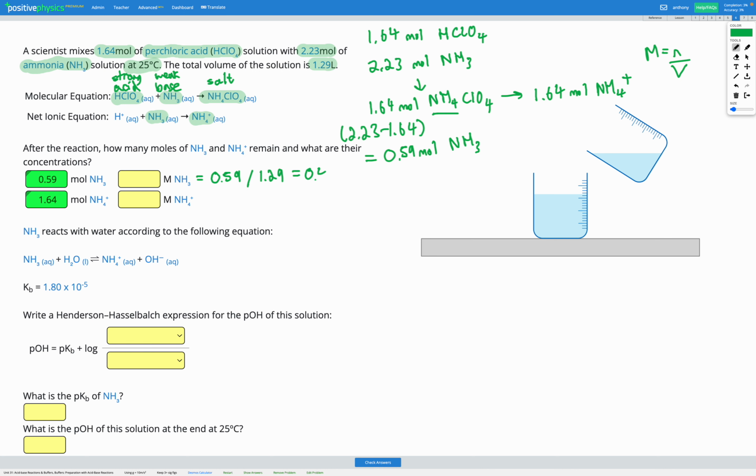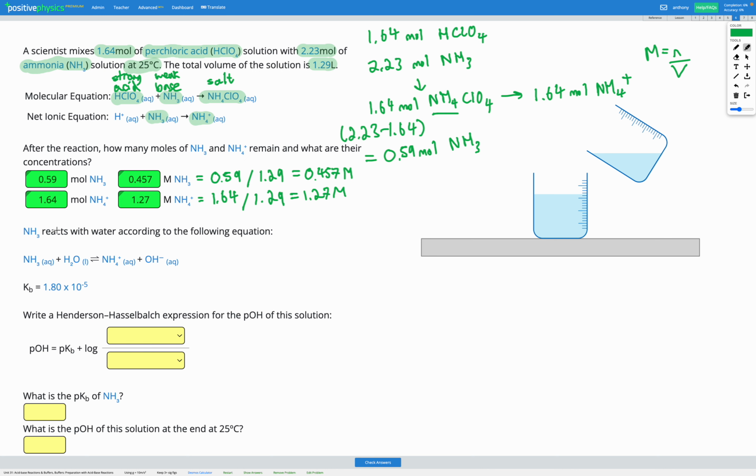That gets us 0.457 molar for our concentration of NH3. Then for ammonium, we've got 1.64 moles divided by the volume of 1.29 litres, giving us a molarity of 1.27 molar. So we can fill that in here as well.